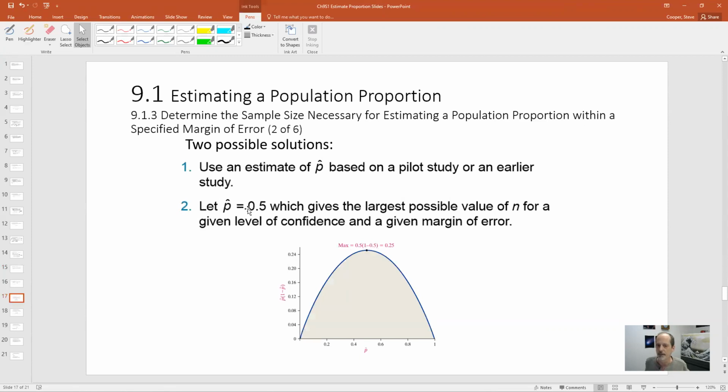So if we defaulted p hat to be 0.5, then we're going to overestimate our requirements for the size of our sample by as much as we could need, because any other p hat is going to fall below 0.5 in terms of this curve for p hat times 1 minus p hat.